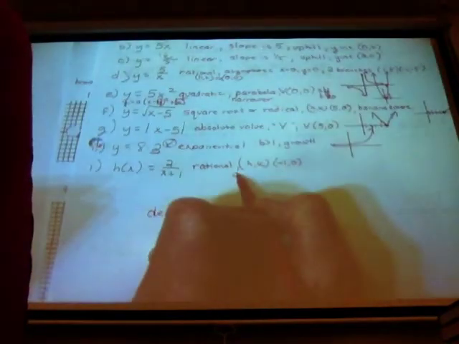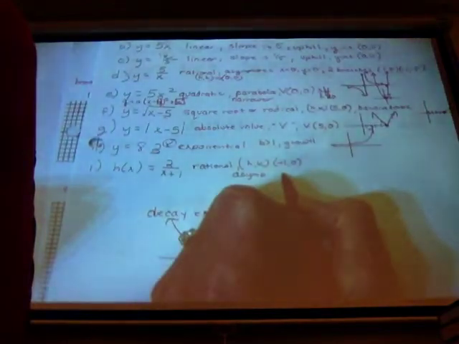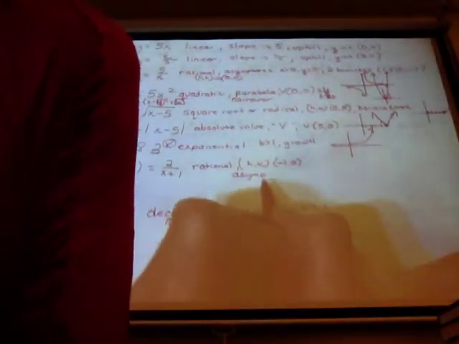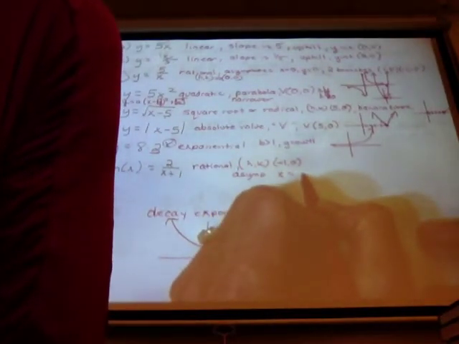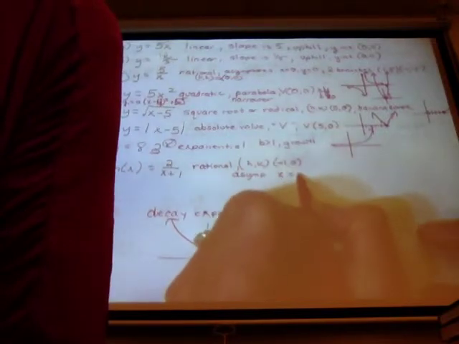What would be the asymptotes? Your asymptotes are the 2 lines. They are x equals negative 1, right, and y equals 0.